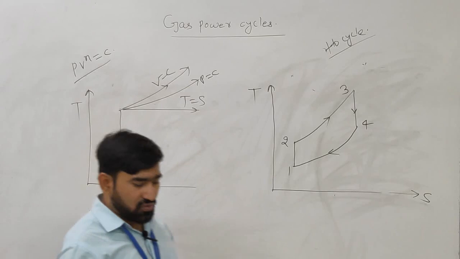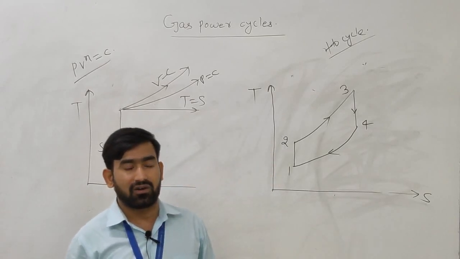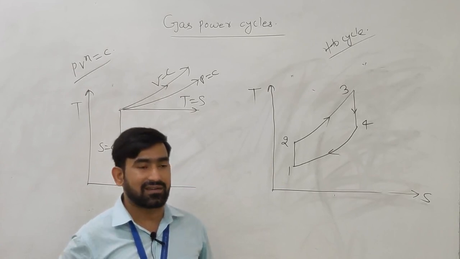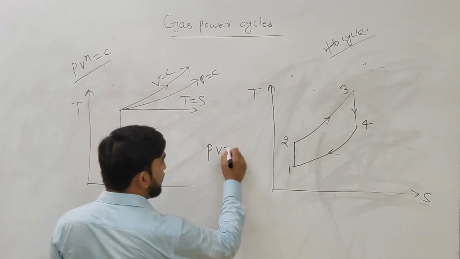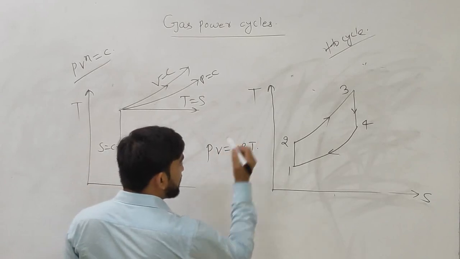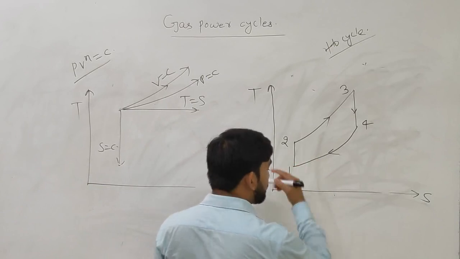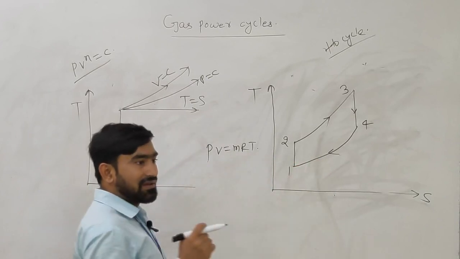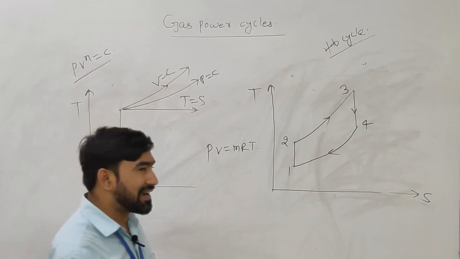But to explain everything, what is the efficiency of Otto cycle or what will be the relationship between temperatures and all, we will have to go for PV equals mRT. What we'll do here, we know that in case of Otto cycle, heat is added at constant volume and heat is also rejected at constant volume.